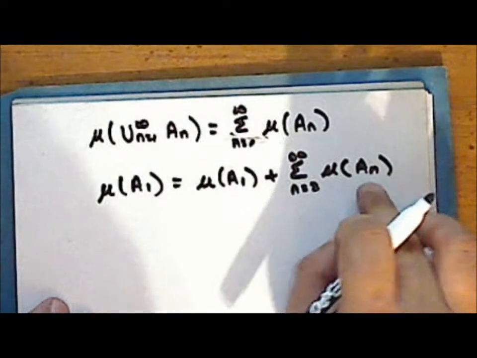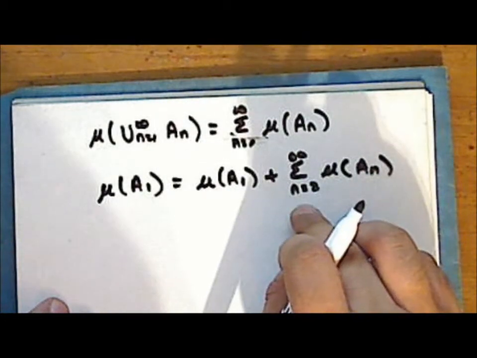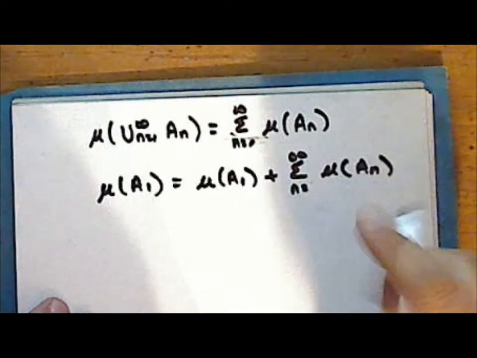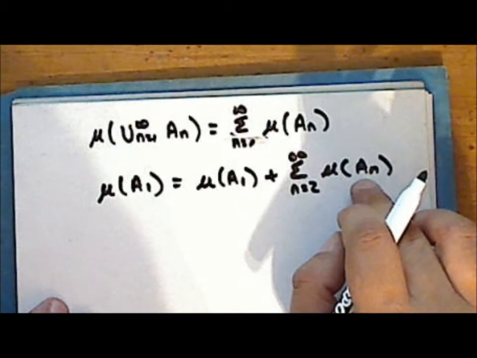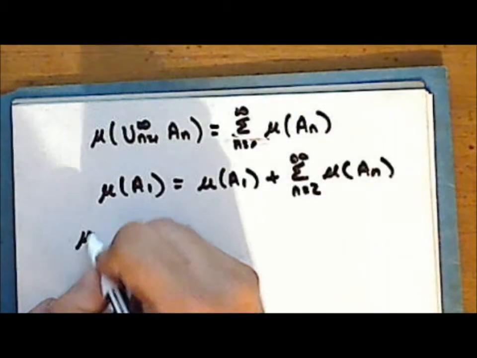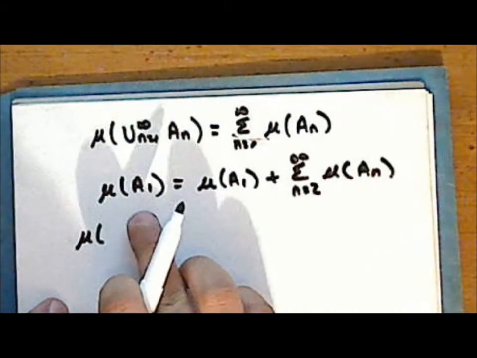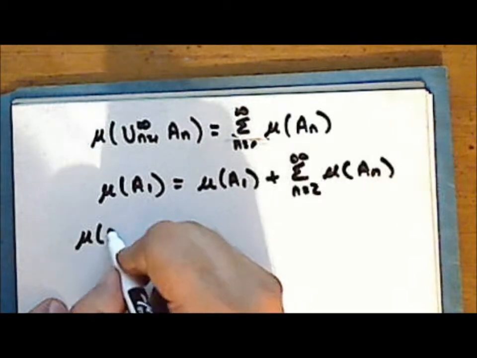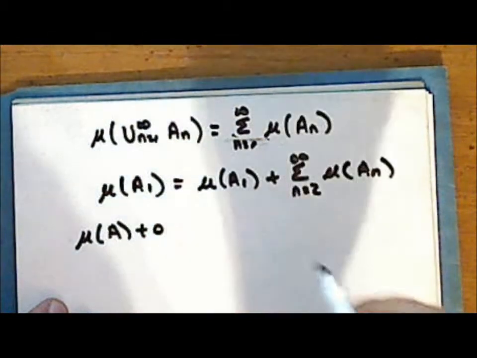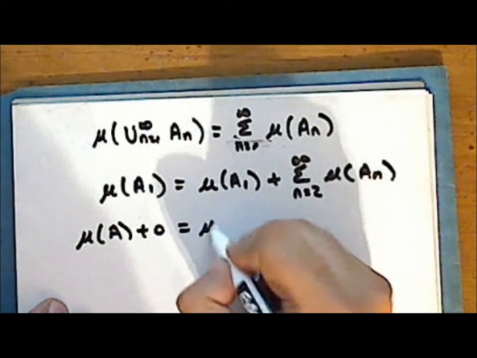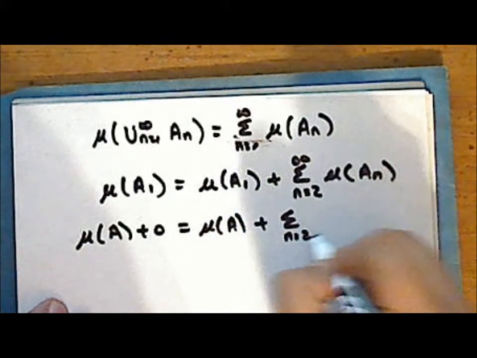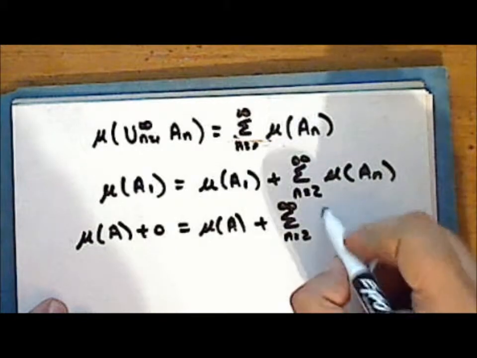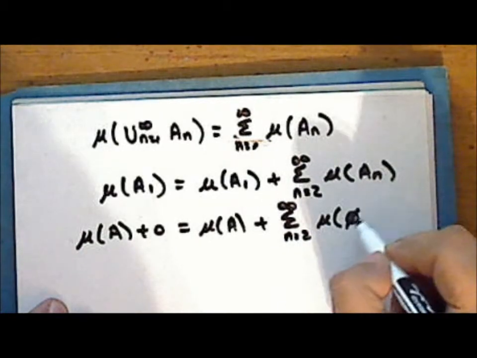So again, for these index values, n 2 or greater, each of these sets A sub n is the empty set, and so we have that the measure of the set A sub 1, which is equal to A, so we have the measure of A, plus 0 is equal to the measure of A, plus the sum from 2 to infinity, so an infinite sum, of the measure of the empty set.